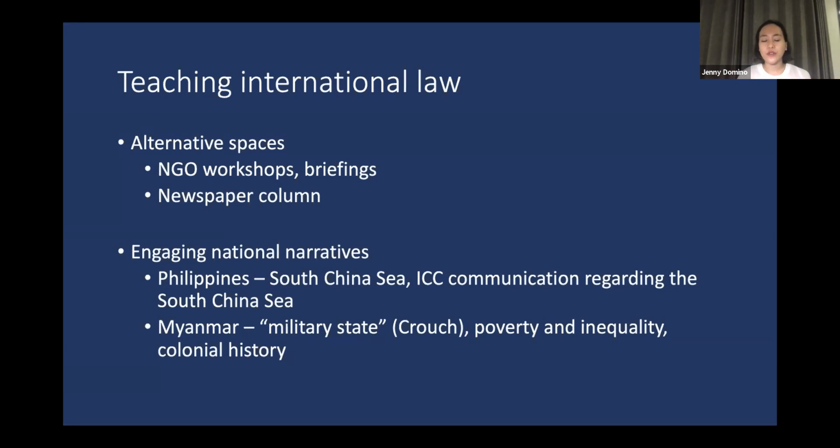So for lawyers like myself, I think it's important to engage this narrative, if only to correct any inconsistency and to admit where international law fails. For example, when I get asked, how come the ICC is only looking at Rakhine State?